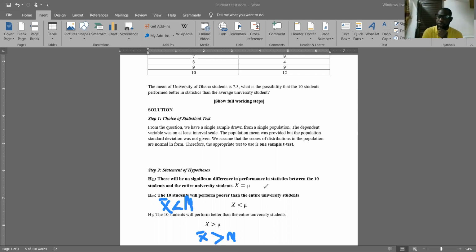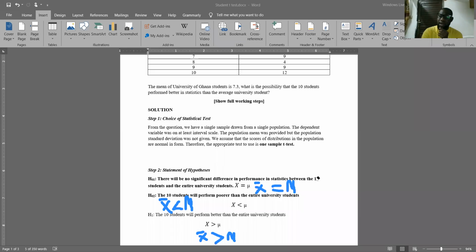Then for the second H0, we indicated there will be no significant difference between the two. So what we are saying is that the sample mean and the population mean will be equal. So that's how you represent your information in a directional fashion.